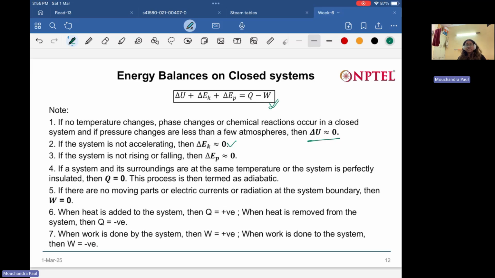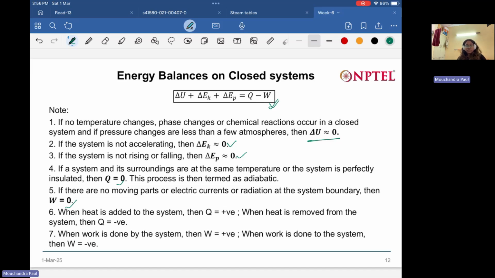If the system is not rising or falling, meaning there is no change in the height of the system, then the net change in potential energy will be zero. If the system and the surrounding are at the same temperature, or if the system is perfectly insulated, meaning there is no heat exchange, then Q will be zero. If there are no moving parts or electric currents or radiation at the system boundaries, then W, or work, will be zero.